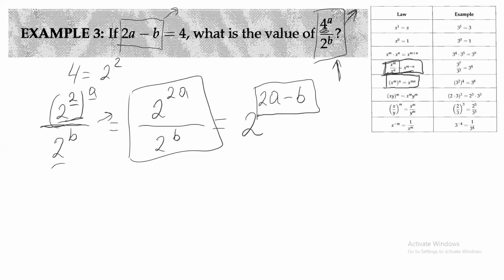As you can see, we have come to this part. We know that 2a minus b is 4. So instead of this expression, we can write 2 to the power of 4, which is 16.